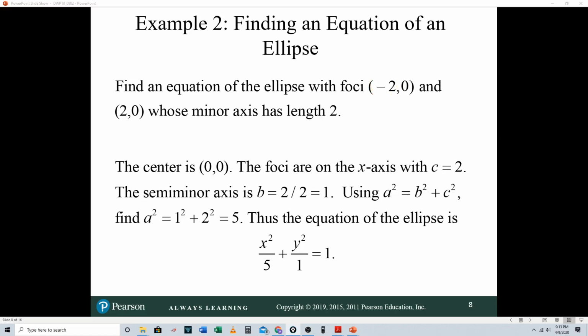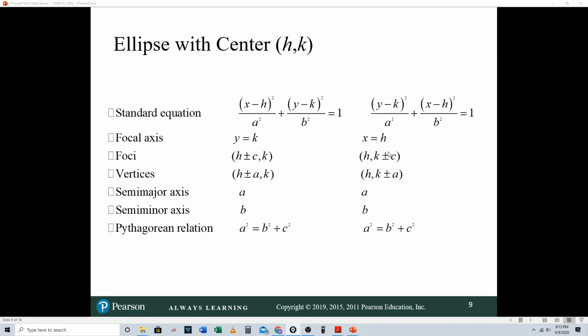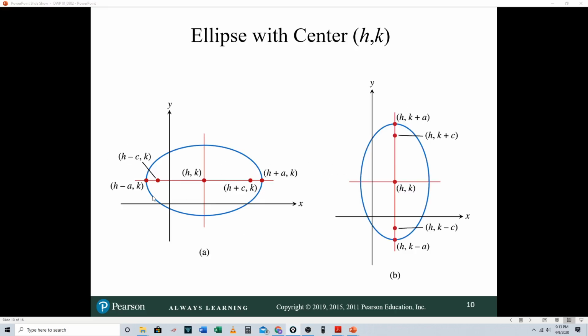And again, it's going to get harder, because what happens next is, what if the origin is not the center? Now, all that means is you have to include an extra parentheses in your numerator. That's really it. The location of the focal points and vertices are going to change, but it's really not too hard to find out how it's going to open, horizontally or vertically.